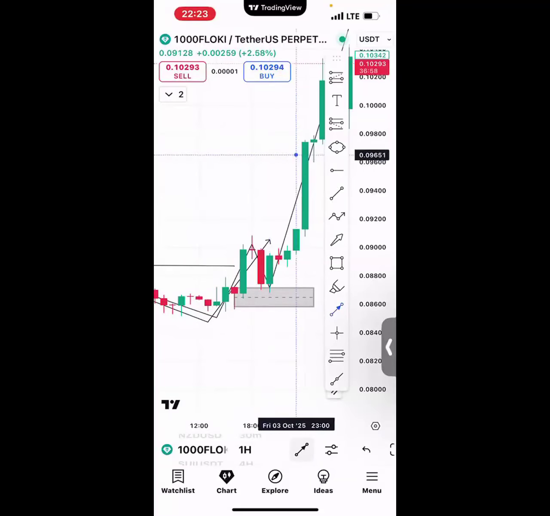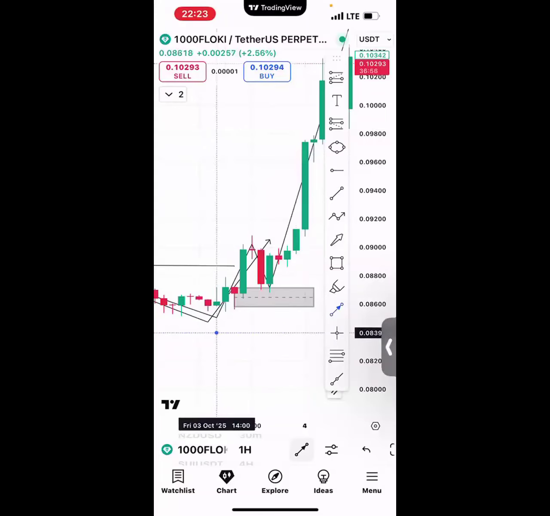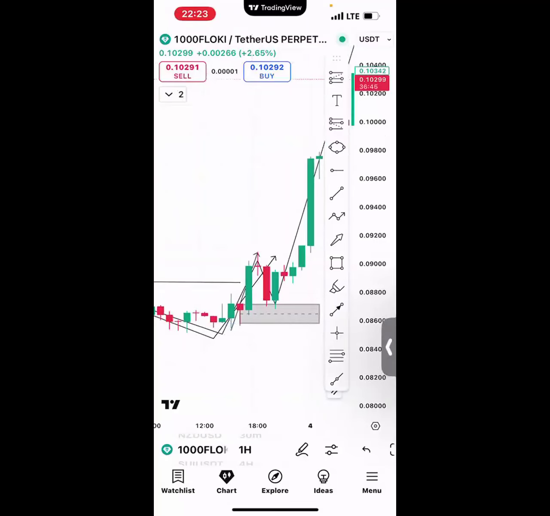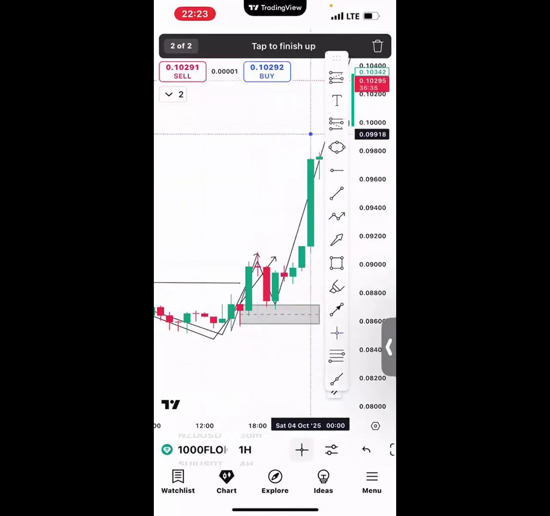Before the market created all these highs, there was an up move from this downside to this up. It created this high. Then what happened after it got to this high? It pulled back all the way to this candle here before it skyrocketed, right?